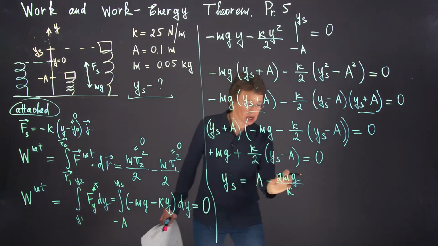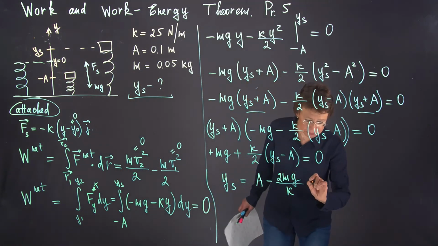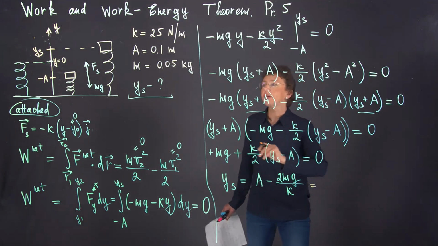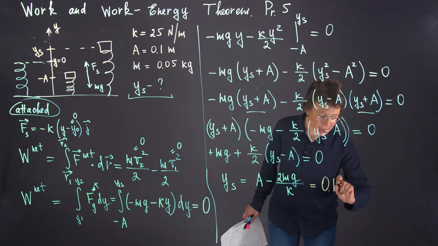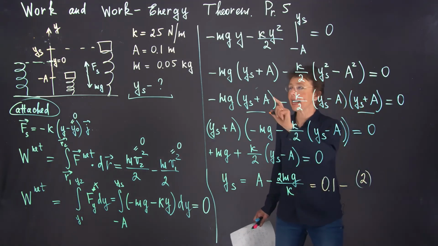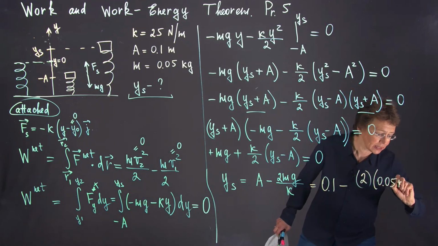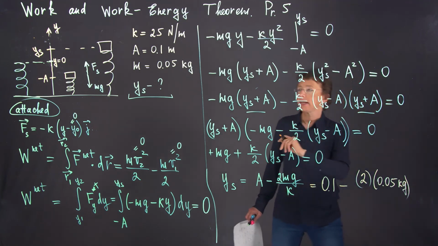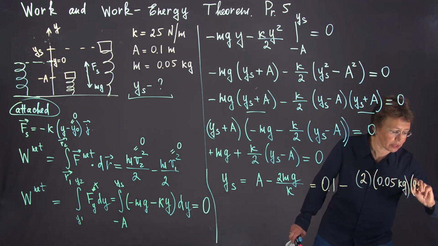So a minus this. And now let's plug in the numbers. What are our numbers? They give us a as 0.1 minus 2 times m, which is 0.05 kilograms. And then we have g, which is 9.8 meters per second squared.